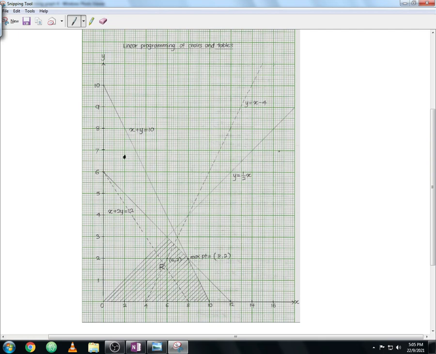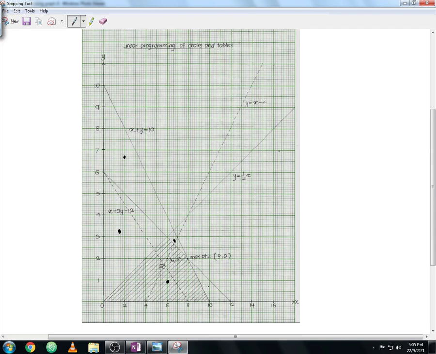Let me make it visible enough. You need to mark here, and here, and here. How about this region?